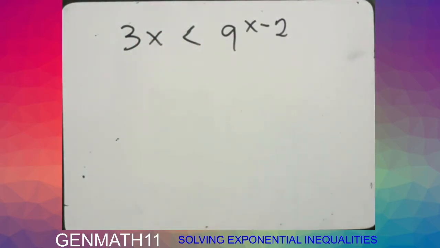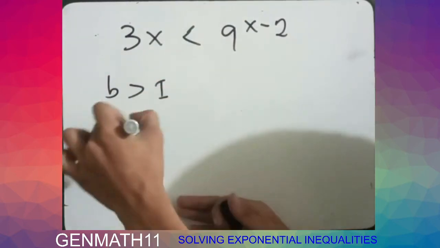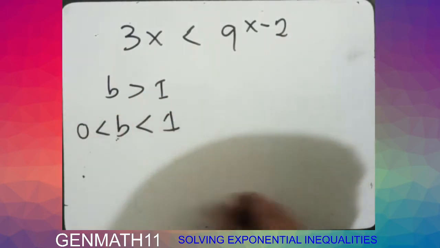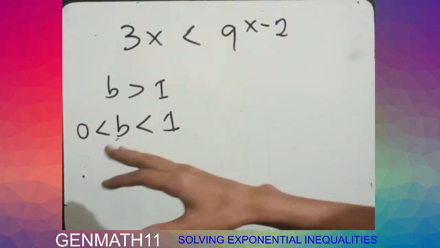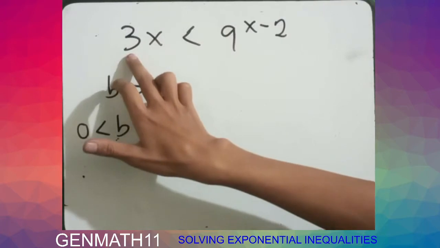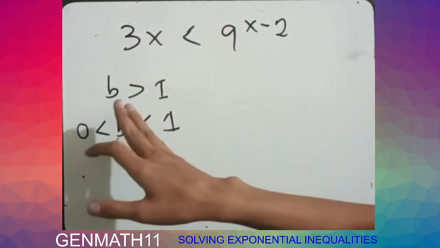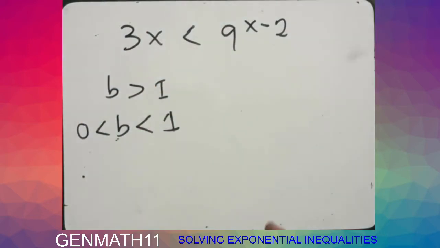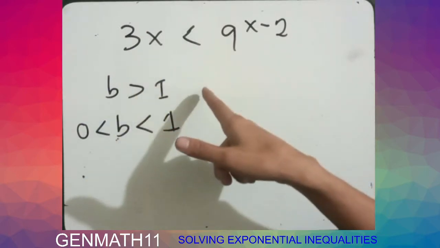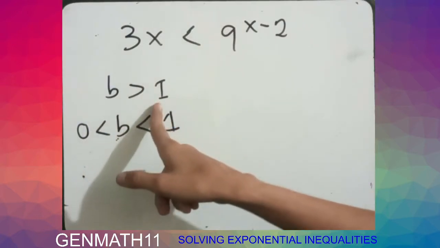Kung babalikan natin yung kanina, yung b is greater than 1 and b is less than 1 but greater than 0, titingnan natin yung kanyang base. Yung base natin is 3. Tapos whole number naman sila parehas. Kapag mas mataas kay 1 yung ating base, yung direction ng inequality symbol ay hindi magbabago kapag parehas sila ng base tapos greater than 1.